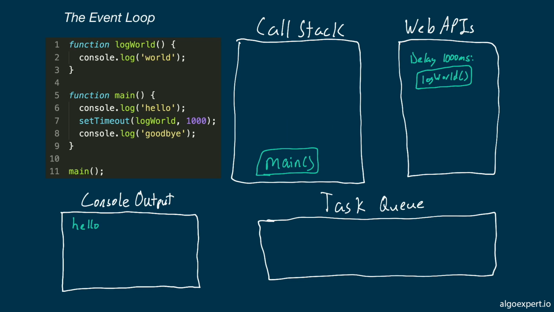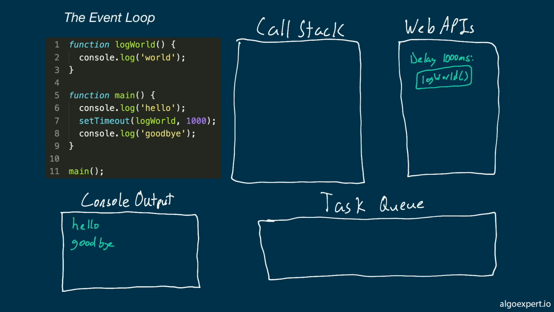Up next, main calls console.log of goodbye, so that gets pushed onto the call stack, and we can log out goodbye. Then of course, this call gets removed from the call stack. Now we reached the end of the main function, so main can get popped off of the call stack as well. And now we have an empty call stack, indicating that there is no code currently running.